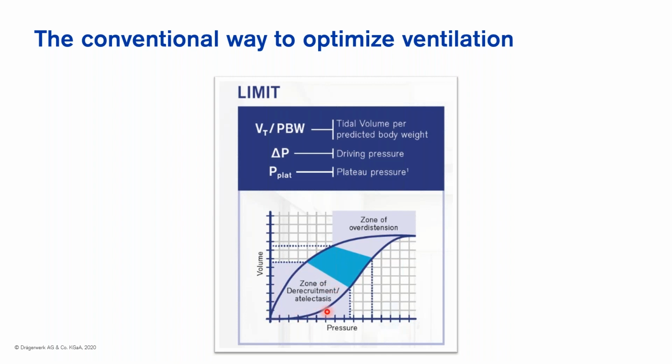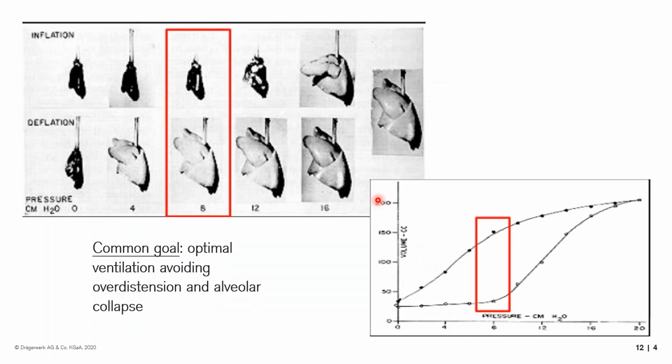So our target would be to avoid the zones of de-recruitment or atelectasis, and to avoid the zones of overdistension. Our common goal would be to offer optimal ventilation to avoid alveolar collapse and overdistension.